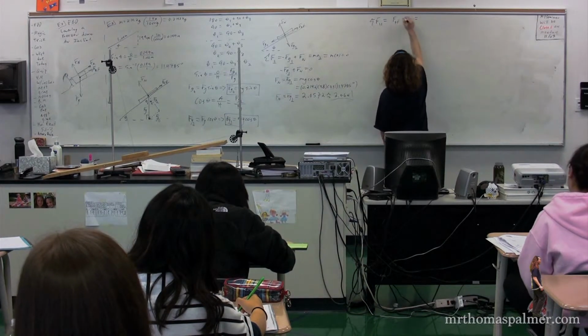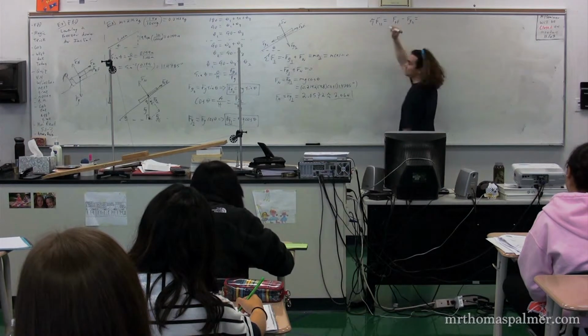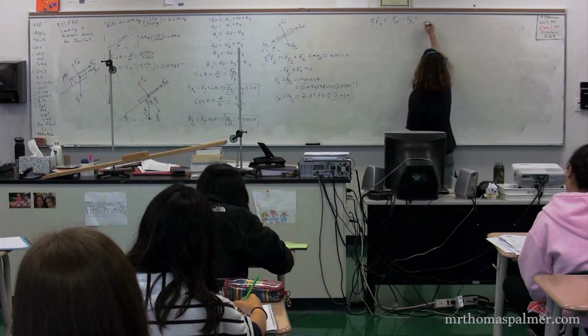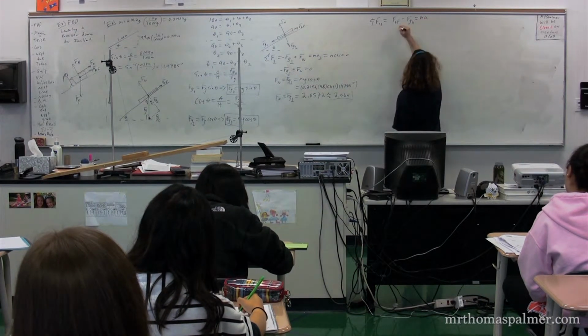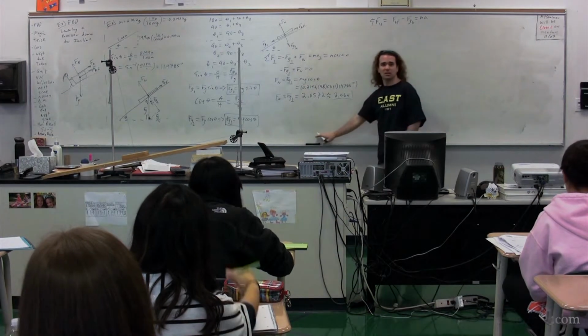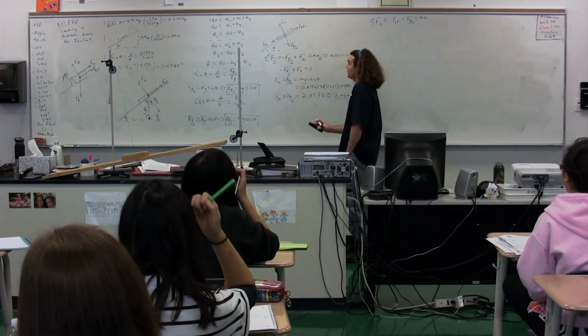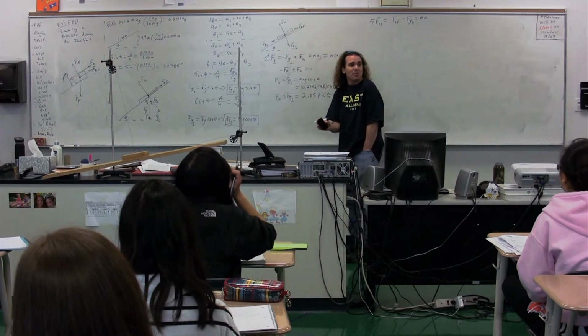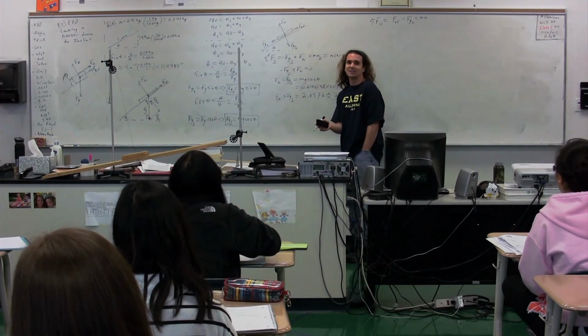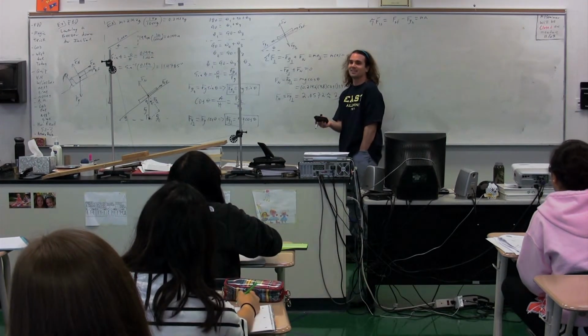What's the sum of the forces always equal to? Oh, mass and acceleration. Why is it kinetic friction? I don't know. That's what she said. It says kinetic. You wrote kinetic. It's entirely possible that I wrote it down. I apologize. It's static.